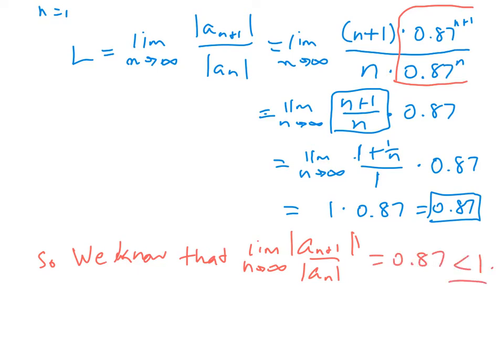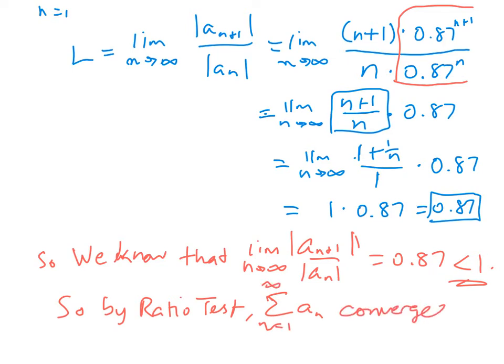And that less than 1, that's the part that we're really keying in on here. So because that's less than 1, we know by the ratio test that the sum of the a sub n's from n equals 1 to infinity converges.